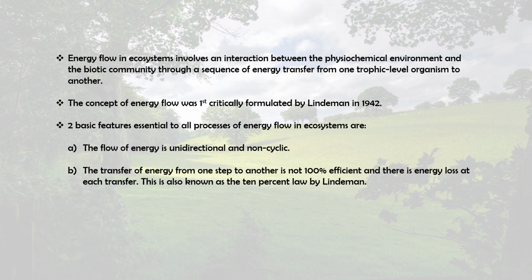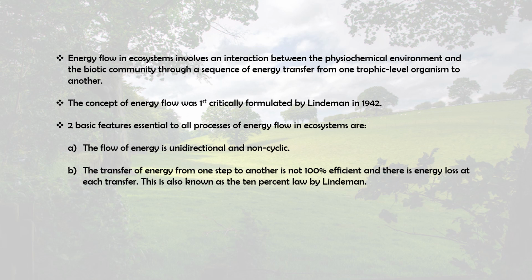Means the flow of energy has only one direction, that is, it starts from one point and ends at another point. Like in the food chain, the transfer of energy occurs from producers to consumers, may it be tertiary or quaternary consumers. It ends at that.